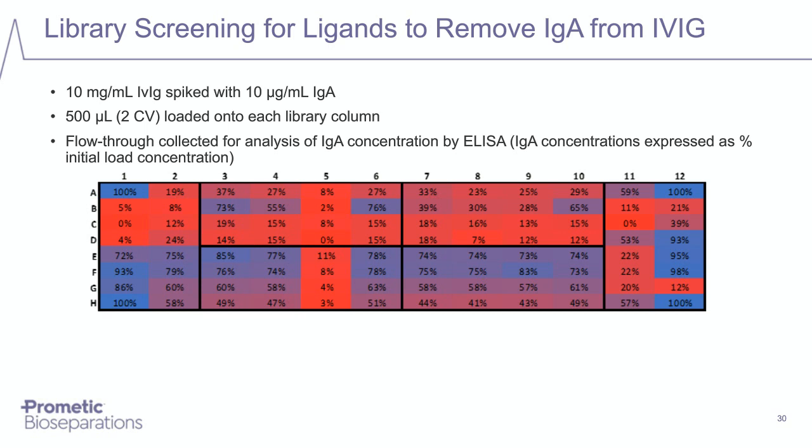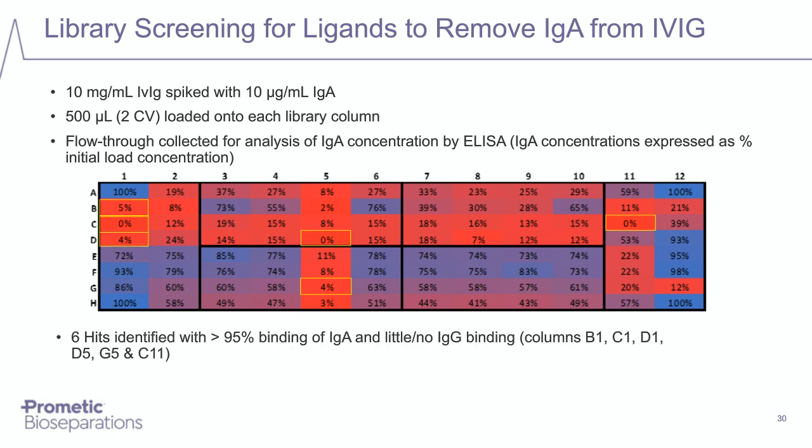So this is now looking at flow-through fractions, and you can see some of these are capturing IgA and some of them are letting IgA through in the flow-through. Some of these ligands here have very low binding of IgA in the flow-throughs, that means they're capturing IgA exceedingly well.